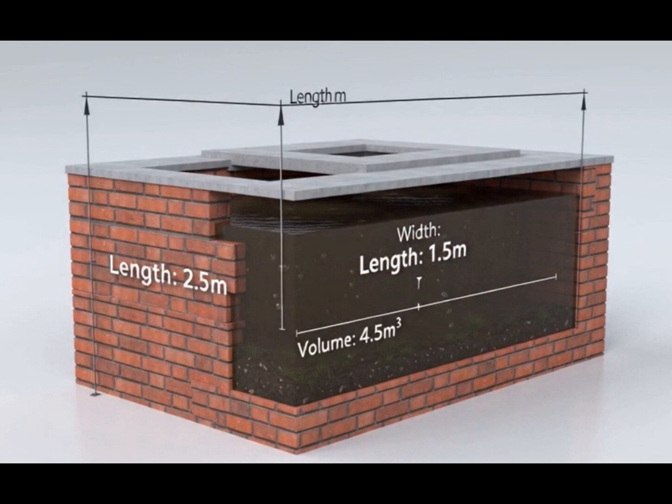Note that the actual depth of the tank will include a 1 meter scum, as well as 0.5 meters for freeboard. Therefore, our design volume is 2.5 by 1.2 by 1.5, totaling 4.5 cubic meters. And this provides adequate settlement capacity.